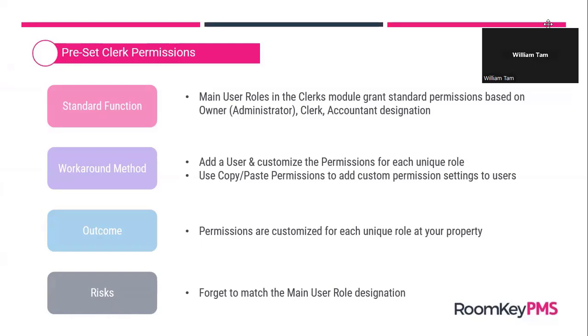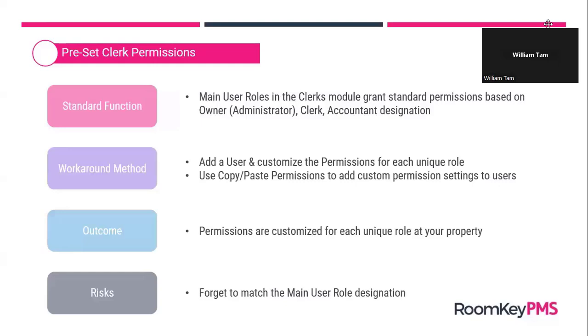That could be owner administrator, it could be a clerk user role, or it could be an accountant user role or designation. Now, the workaround method that you can use inside the same module, the clerks module itself, is to add a user and customize these permissions for each unique role that you have at your property.